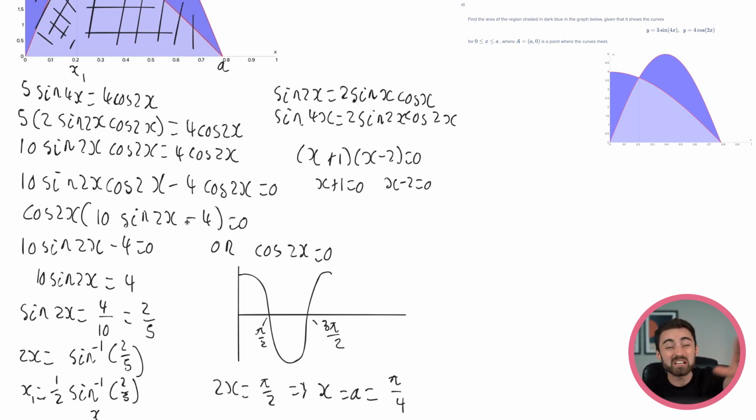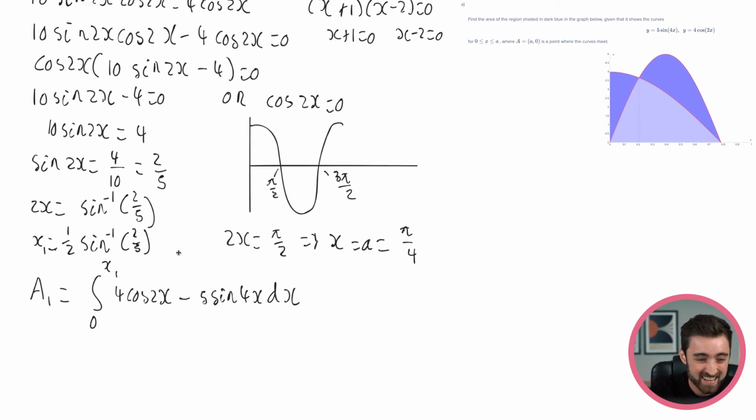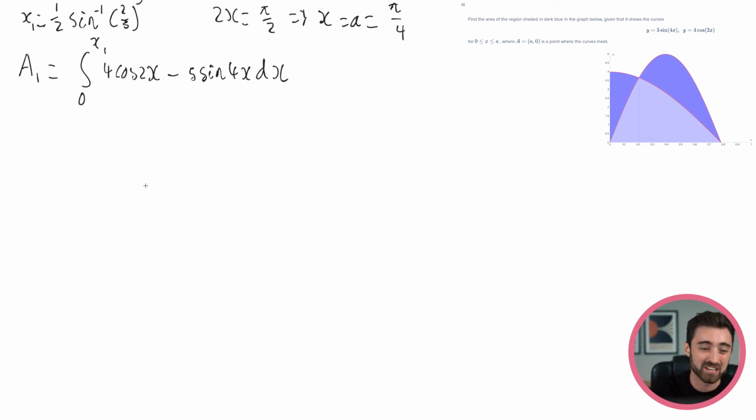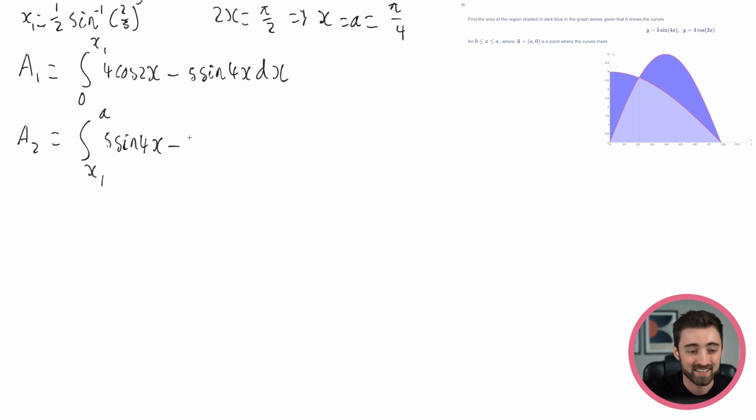I mean, it's close, but it's just there in the distance, right? So A2 is going to be what? It's going to be, limits. Well, what are they going to be? x1, the first intersection point, and a, which is the end of our diagram. And then it's just going to be flipped. So it's going to be the 5 sine 4x minus the 4 cos 2x.